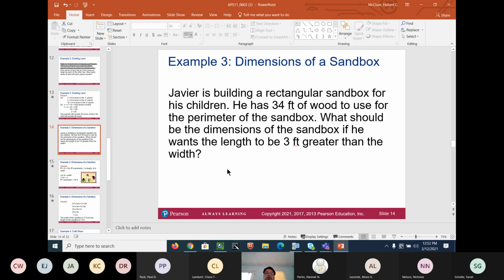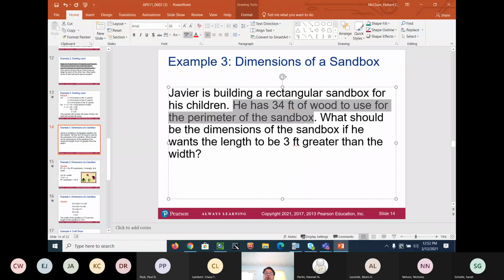All right? What should be the dimensions of the sandbox if he wants the length to be 3 foot greater? Okay, so let's break this up. And somebody tell me what that sentence right there says. That is equal to 34.